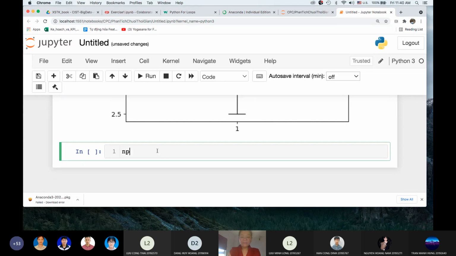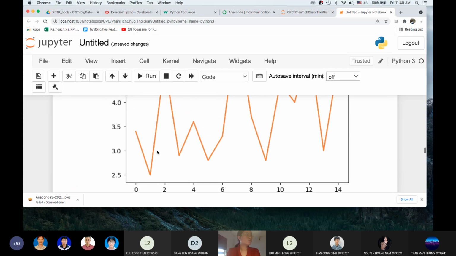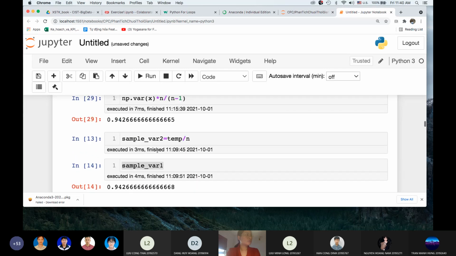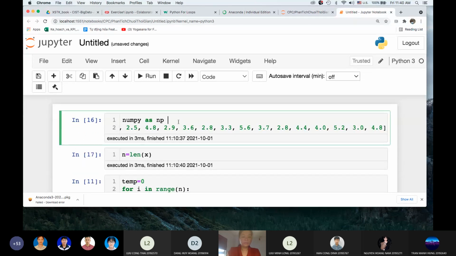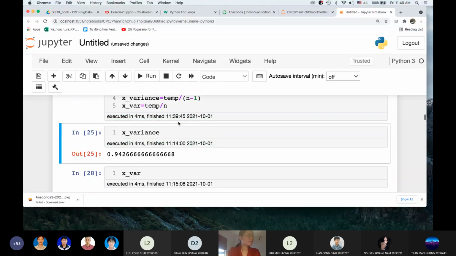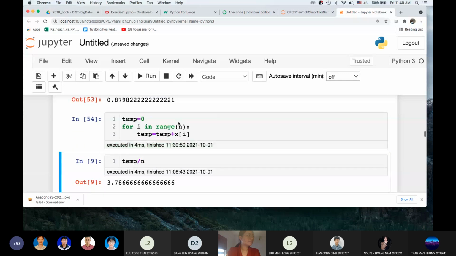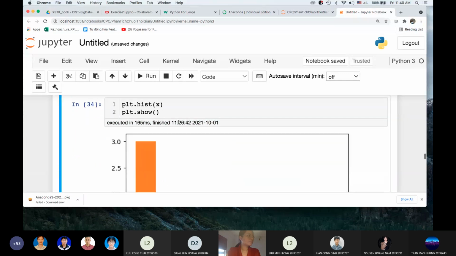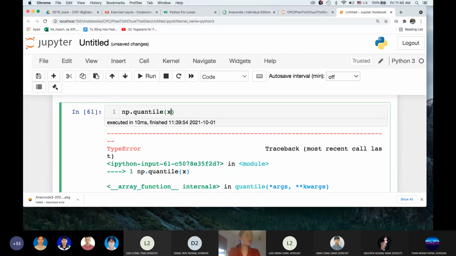Do you remember the quantile function? Quantile of x.